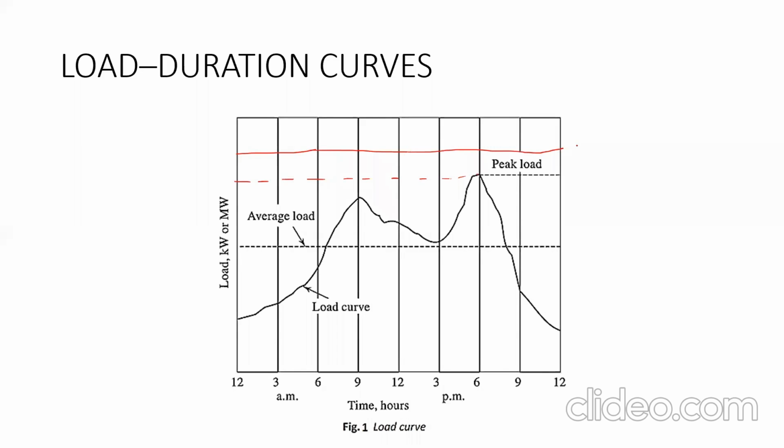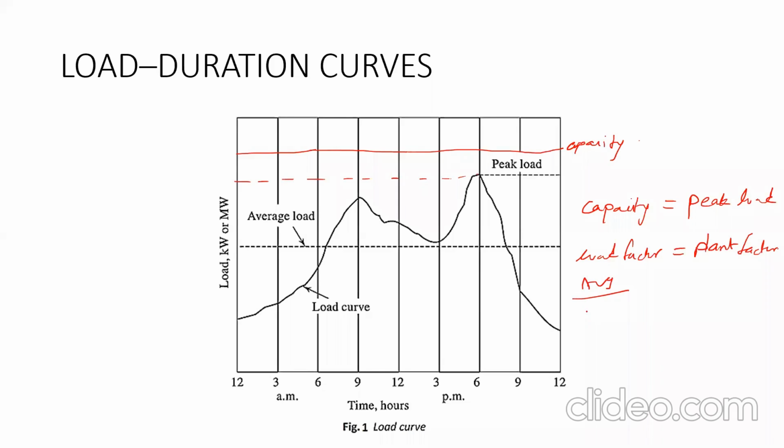Always the capacity of the plant is greater than the peak load. And suppose the capacity of the plant is equal to the peak load or maximum demand, then the load factor will become equal to the plant factor or capacity factor, because in the load factor, average load is divided by maximum or peak load, and in the plant factor, average load is divided by the capacity of the plant.